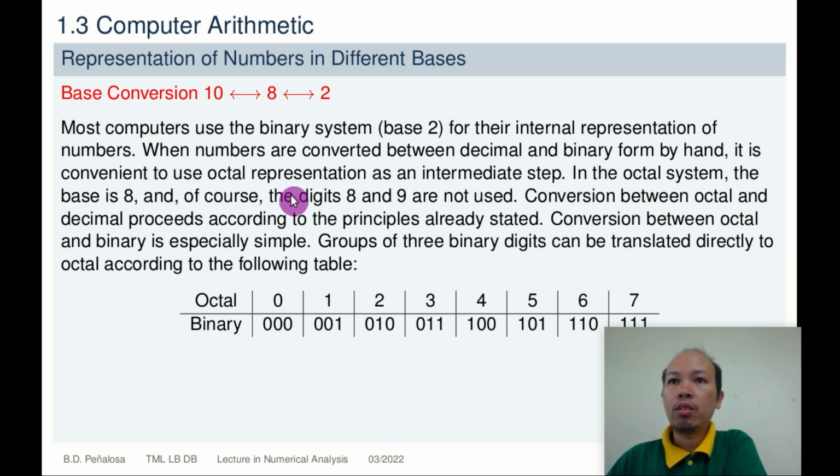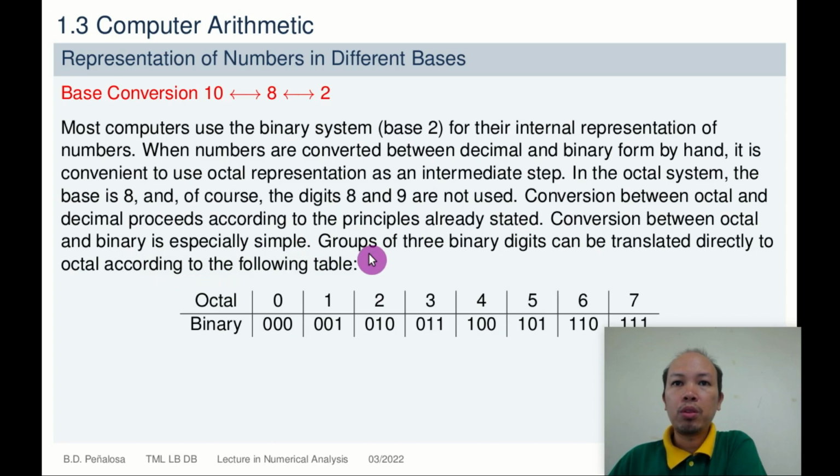It says here that in the octal system the base is 8, and of course the digits 8 and 9 are not used, because in the octal system we have only the digits 0, 1, 2, 3 up to 7. Conversion between octal and decimal proceeds according to the principles already stated. Conversion between octal and binary is especially simple.